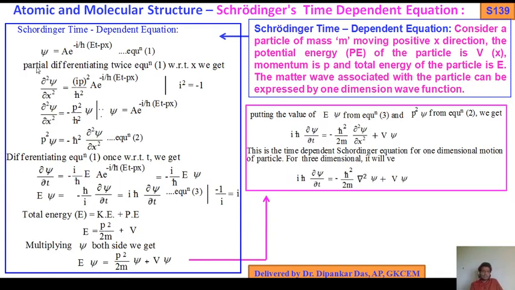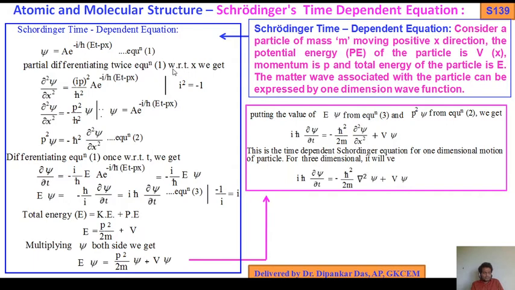Now partially differentiating equation 1 twice with respect to x, only p is associated.